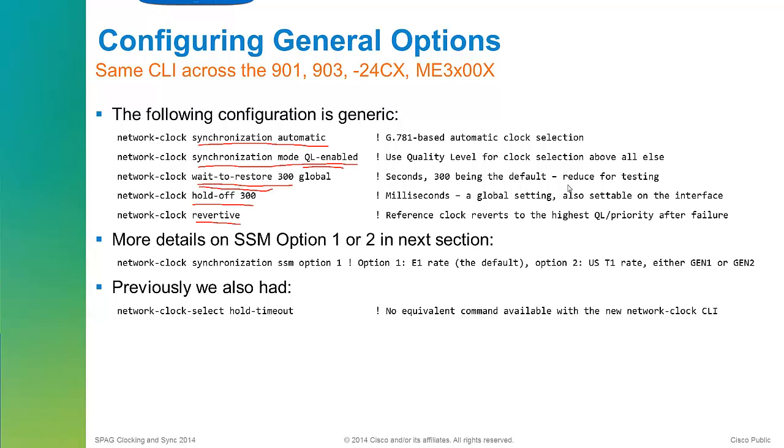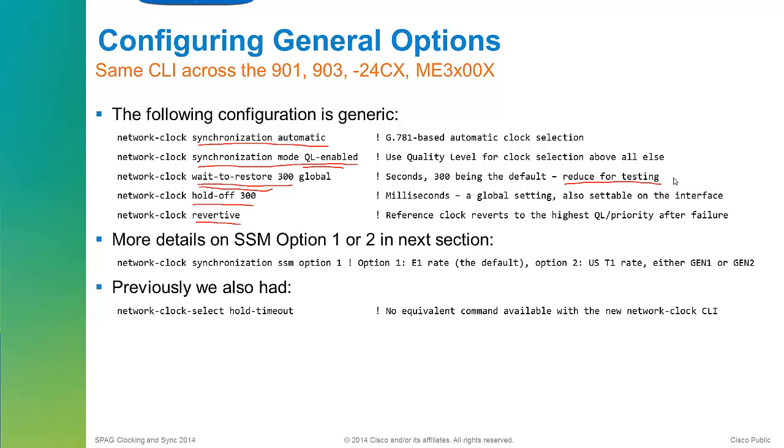The wait to restore timer is 300 seconds by default, and if you're testing, going forward and back between holdover and clocks coming on, clocks going off, quality levels changing, you don't want to wait 5 minutes for the node to react every time something changes.